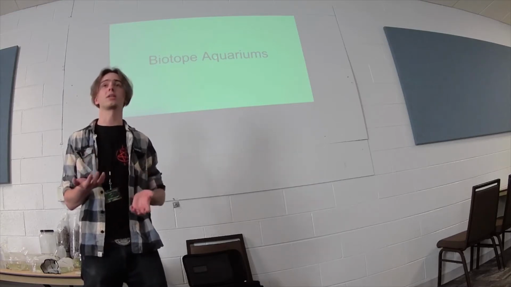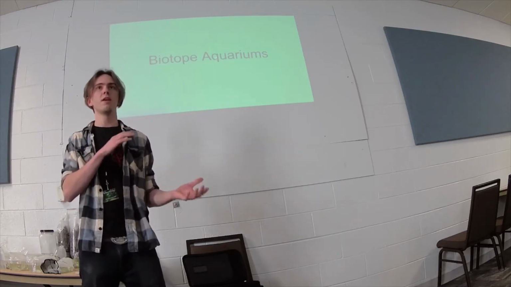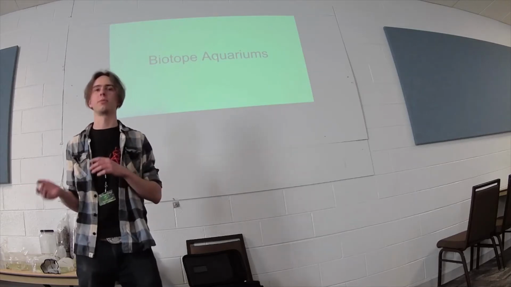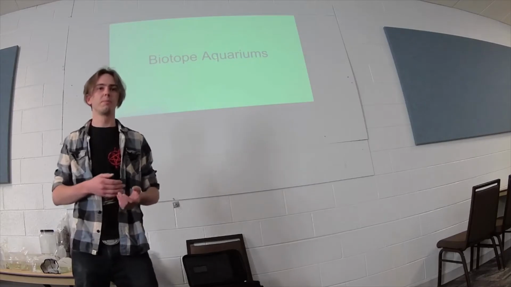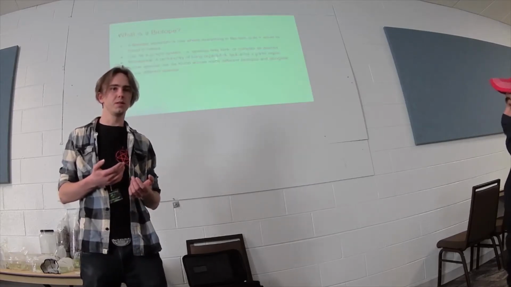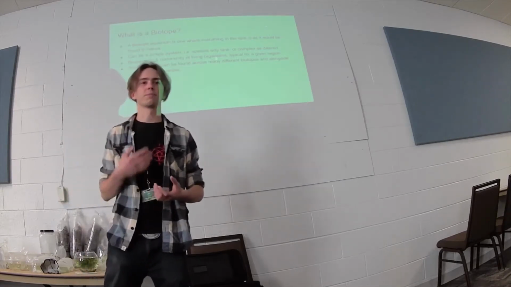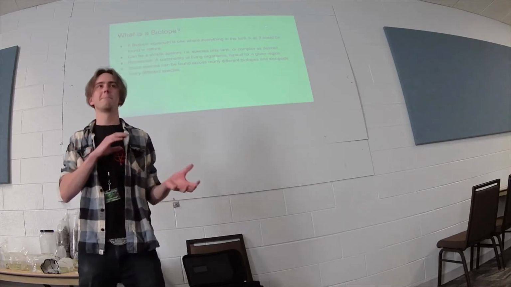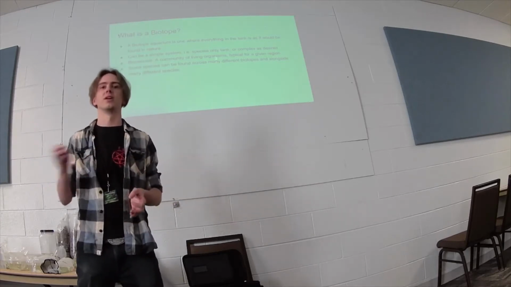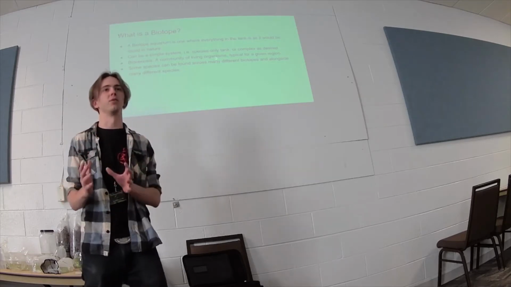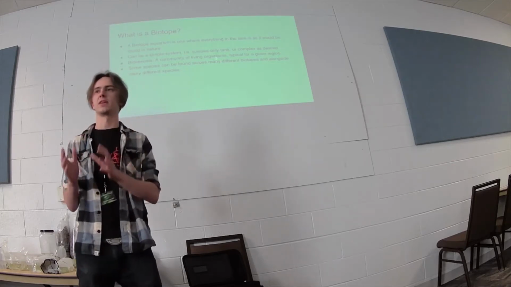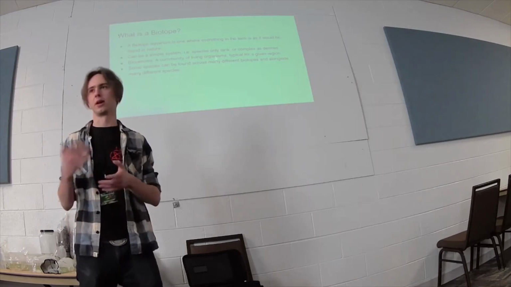So I want to take a look at the philosophy behind a biotope aquarium and what it entails. So what is a biotope? Biotope aquariums, the broad strokes of it all is everything in that tank comes from roughly the same area of the world. We are looking at a very specific slice of nature, is the way I like to describe it.